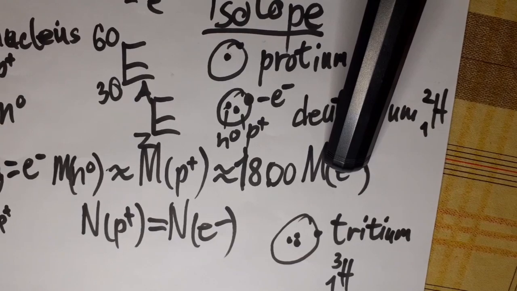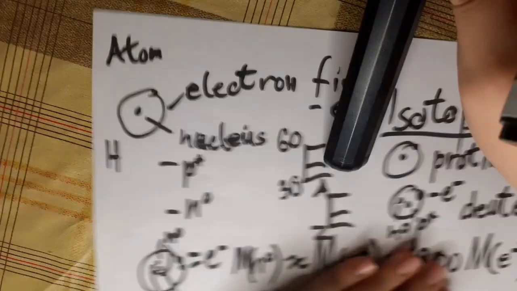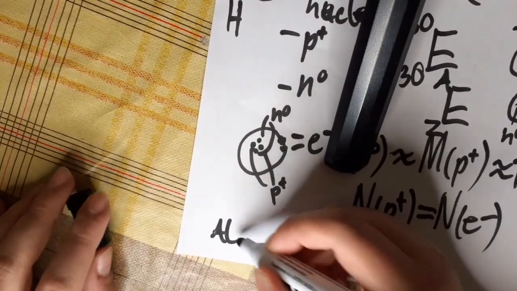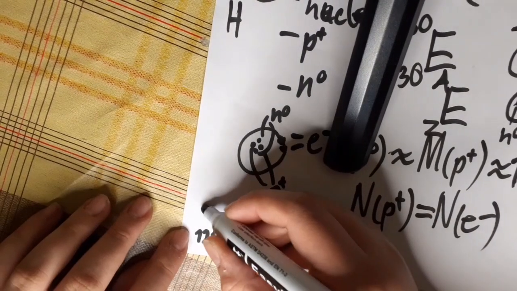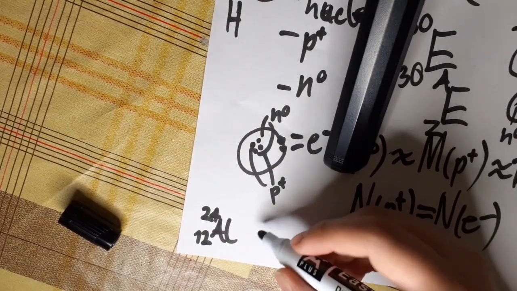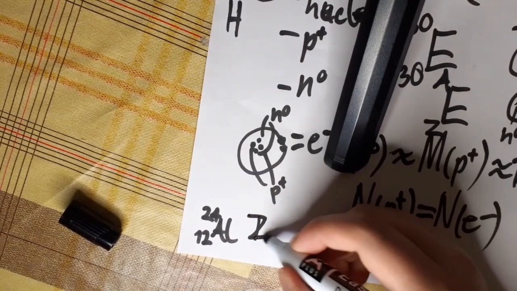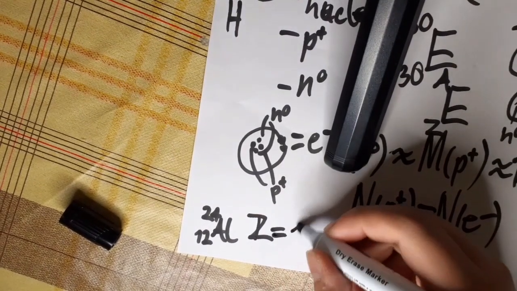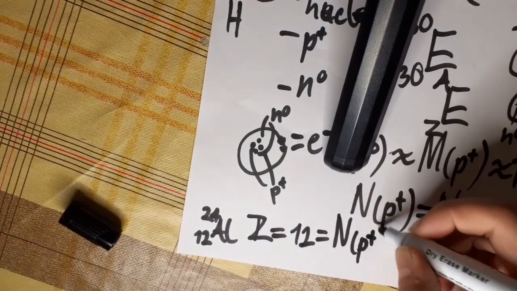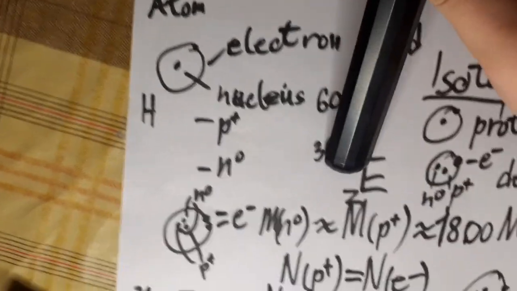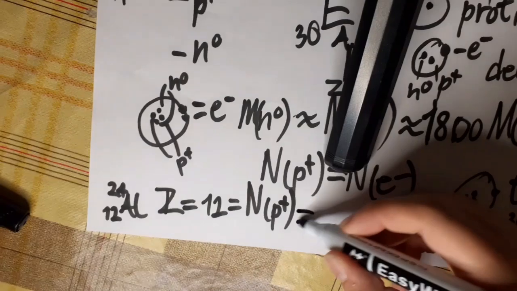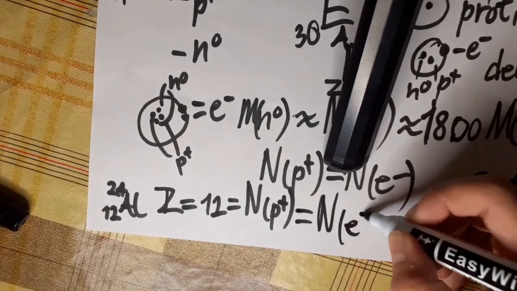Okay, so we can look at an element, for example, aluminium 26. Well, if we look at this element, we can see that Z is equal to 13, which is always equal to the number of protons, and as you can see, the number of protons is always equal to the number of electrons, so this is also equal to the number of electrons.